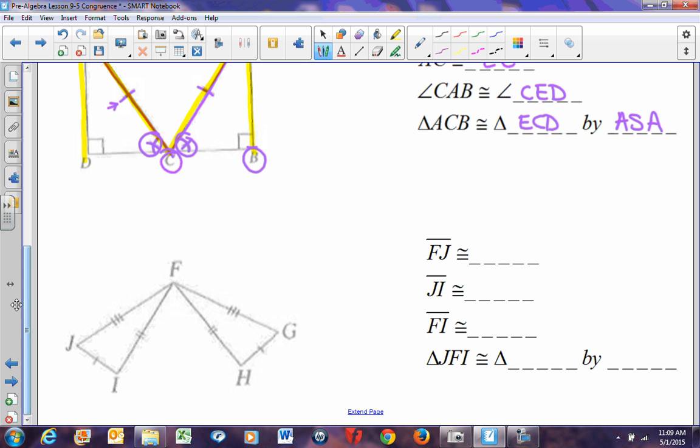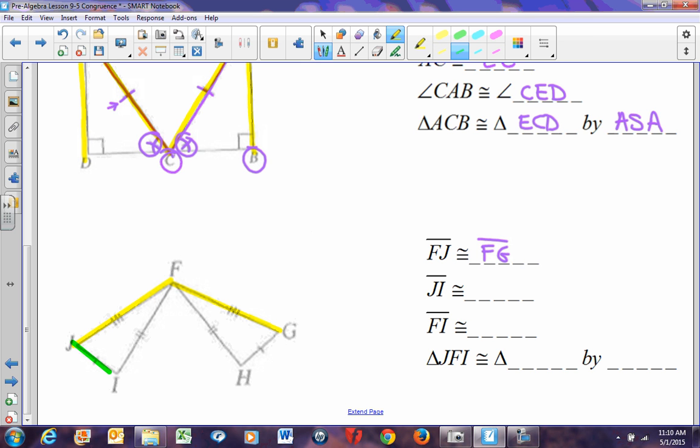Let's go through one more. These are a little bit more difficult to do. These are lovely figures. All the sides are marked. So F to J. If I look through this, F to J goes through the side that has 3. So that has to be through the side that has 3. So that would be F to G. J to I is going through the side that has 1.